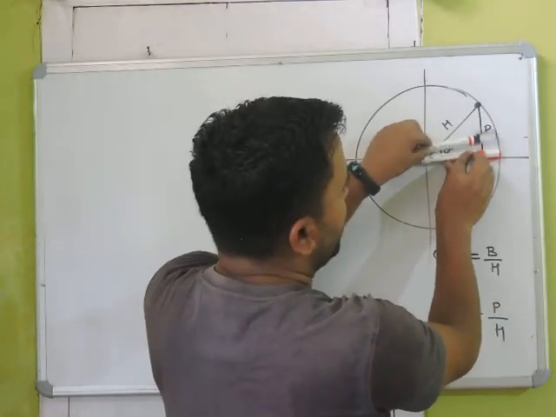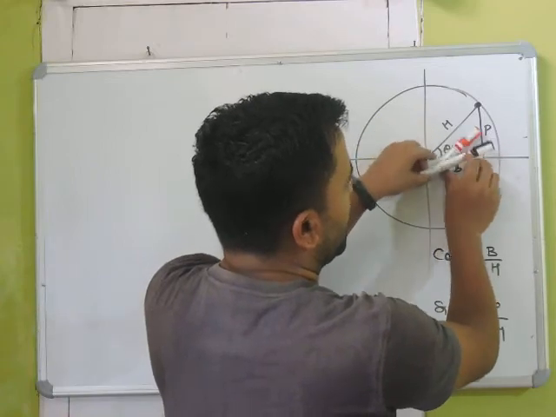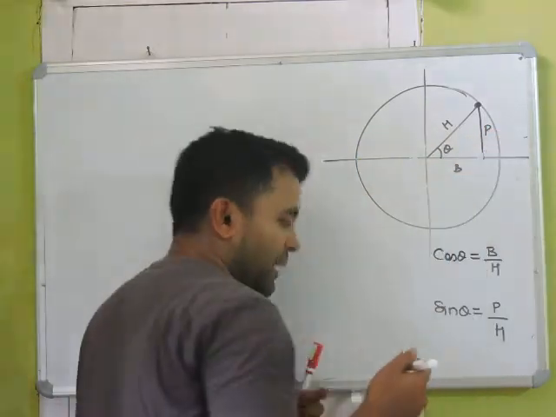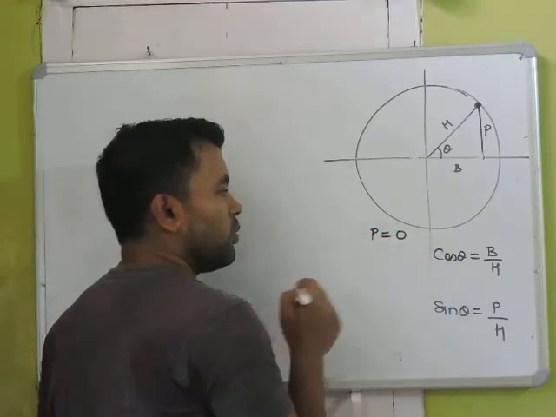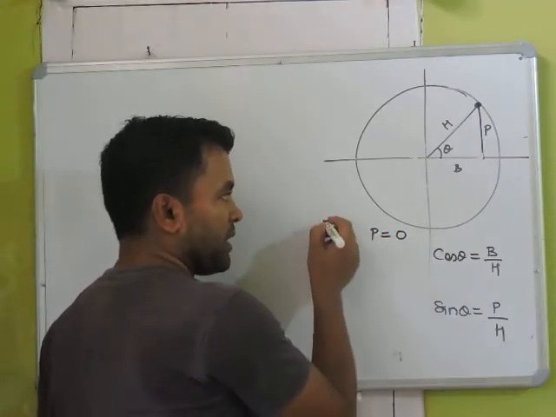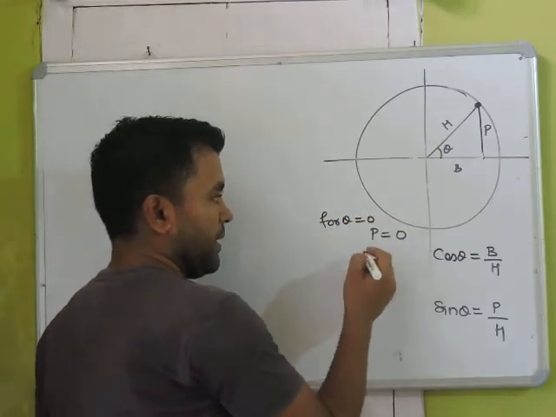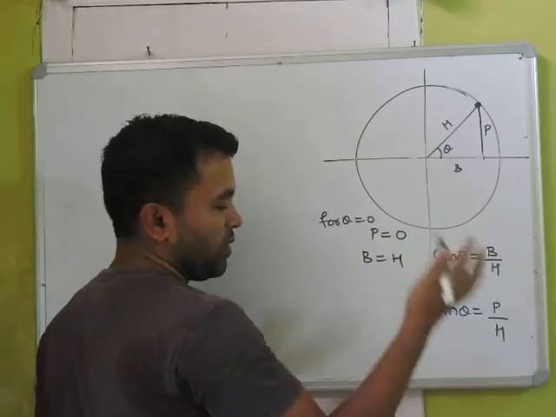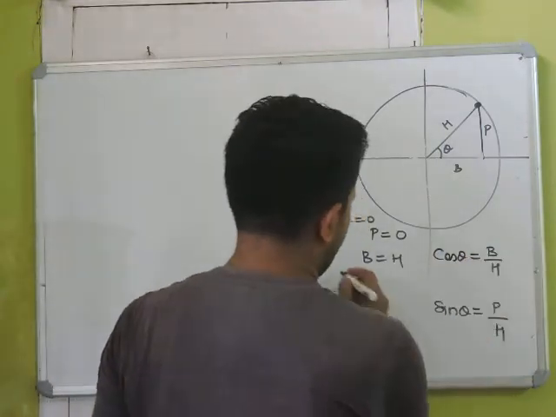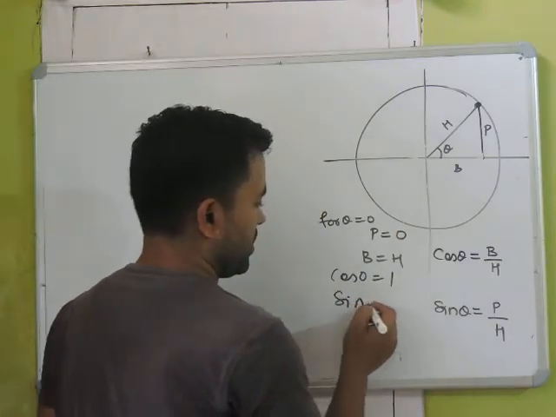The hypotenuse will land here, the base is here only. So this perpendicular length becomes 0 for theta equal to 0, and base becomes equal to hypotenuse, and for that reason you can prove that cos 0 is 1 and sine 0 is 0.